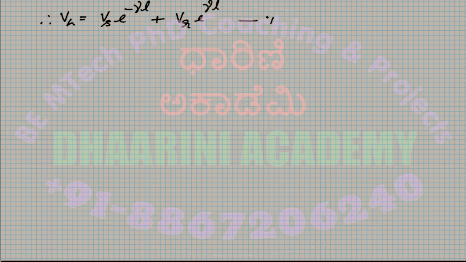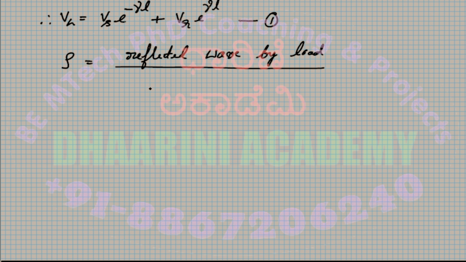Let's call this equation number 1. Now let's define rho. Rho is equal to the reflected wave by the load divided by the incident voltage on the load.